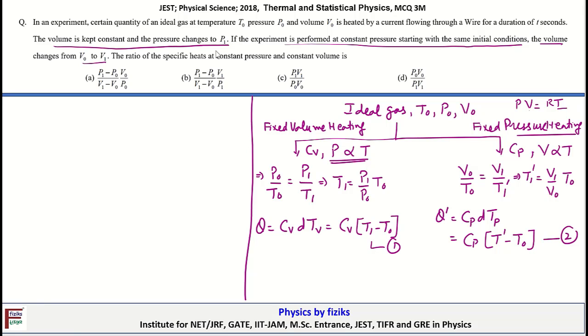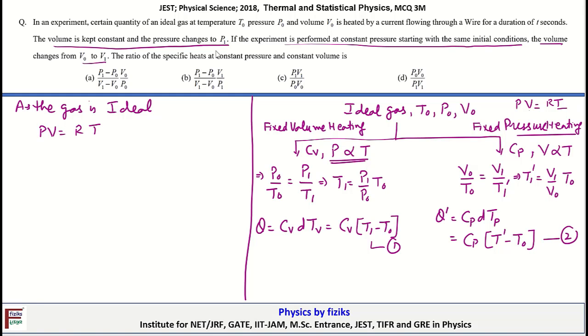Now, as the gas is ideal, PV is equal to RT is valid.